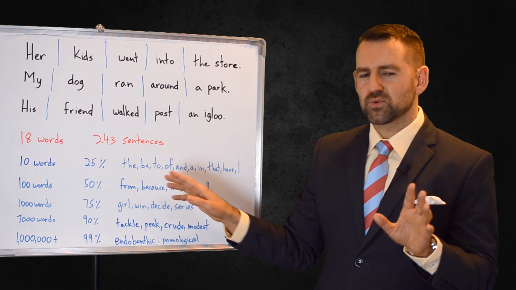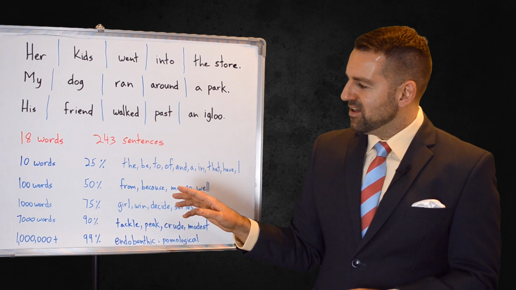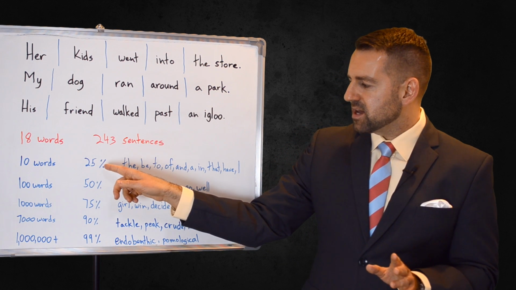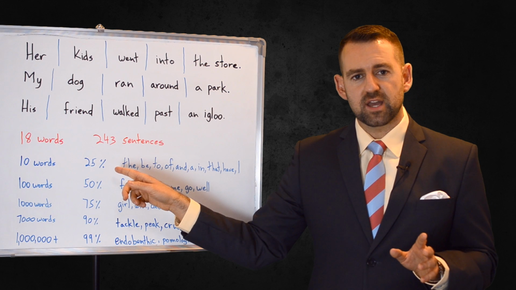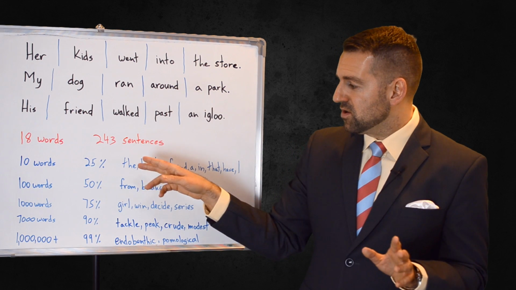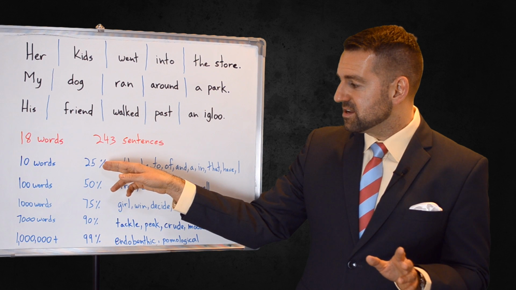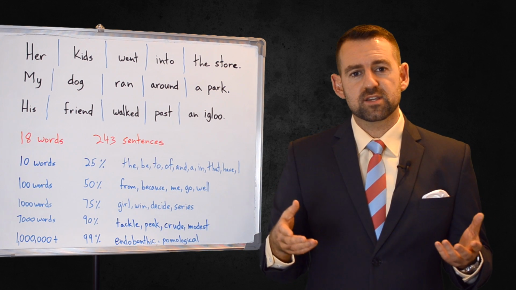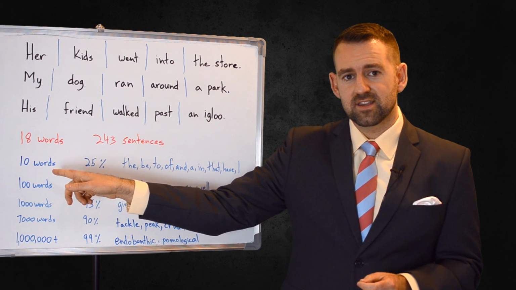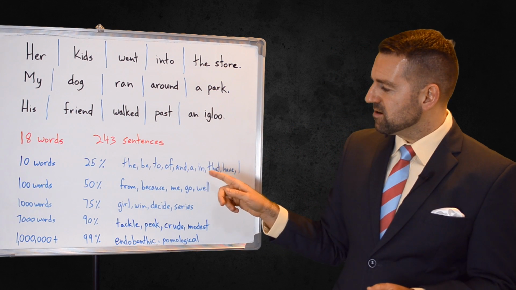Look at this. This is really interesting. So 10 words in English make up 25% of the language. 25% of the most common words that we say in English come from 10 words. These words right here.